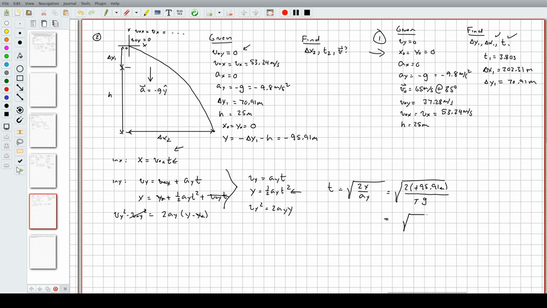or 2 times 95.91 meters divided by 9.8 meters per second squared.